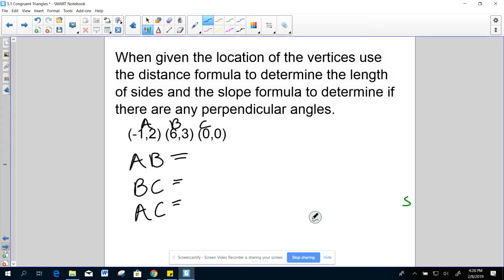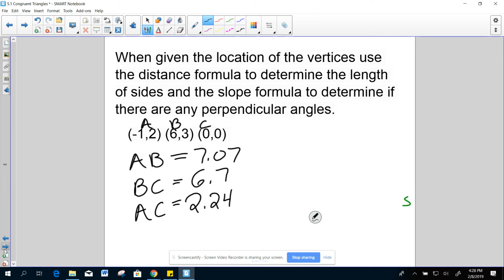The only angle that we would be able to determine is a perpendicular angle, and we do that by slope. So just double checking, if you've done your distances, AB should roughly be 7.07, BC should be 6.7, and AC is 2.24. That makes it a scalene.